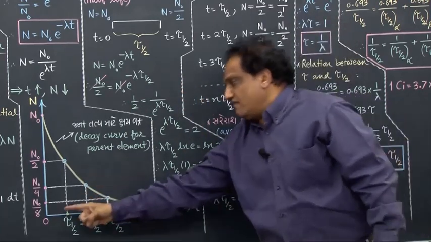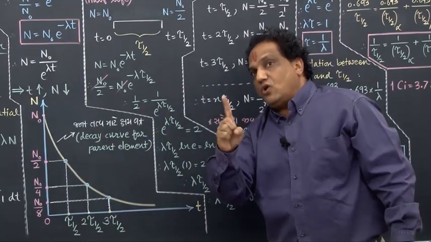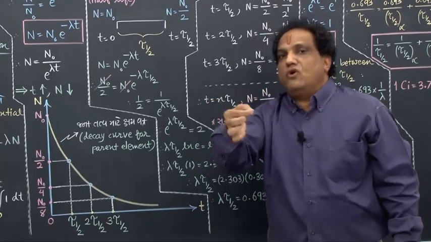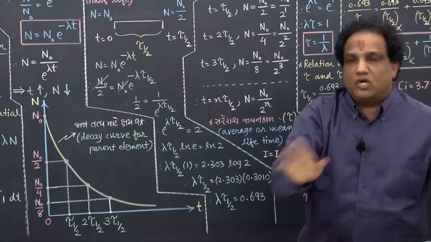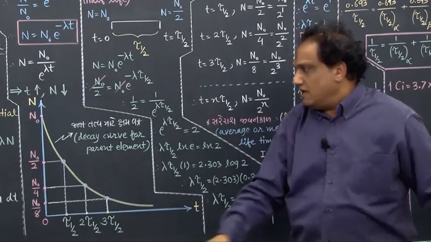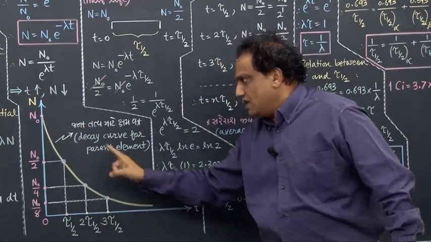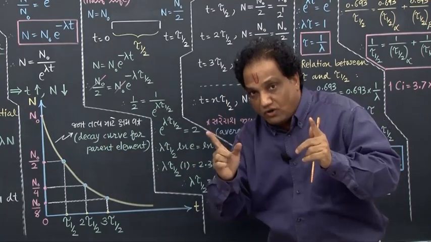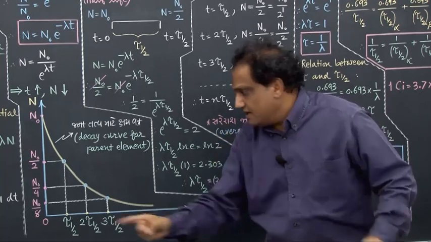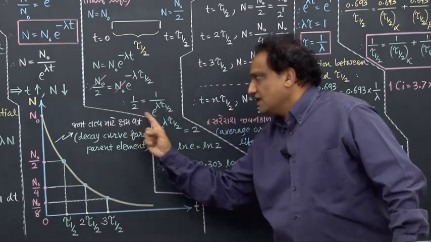That rising graph will be called the growth curve for the daughter element, which is not in your syllabus. In your syllabus, only the decay curve for the parent element. Similarly, the growth curve of the daughter element would be like this. Fine.